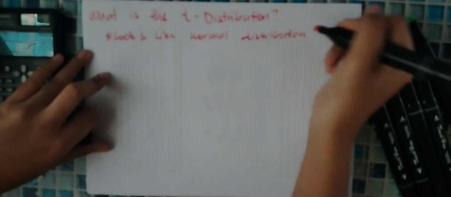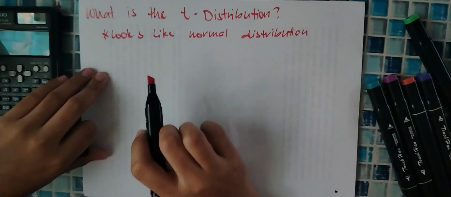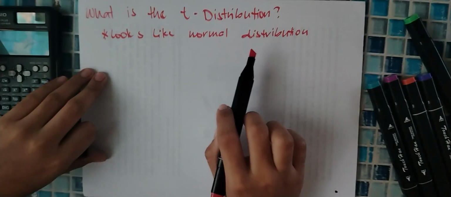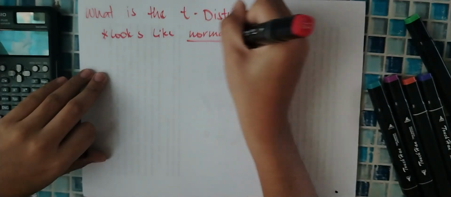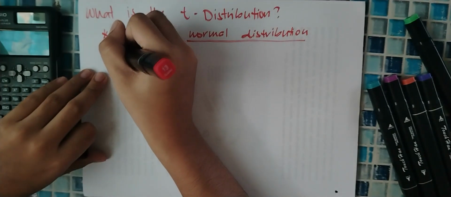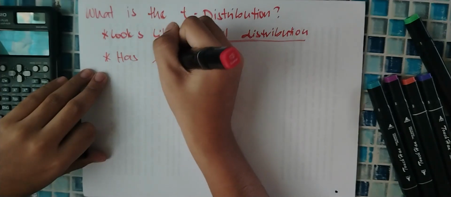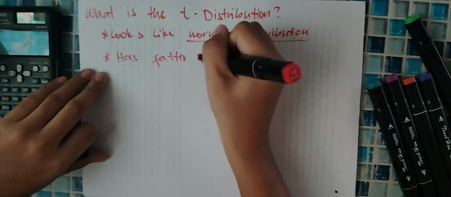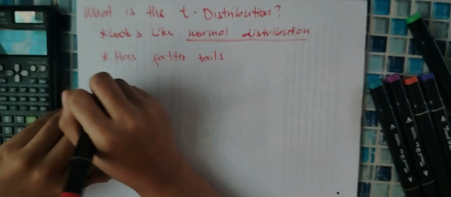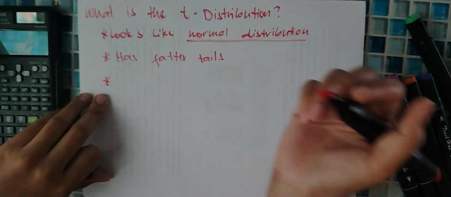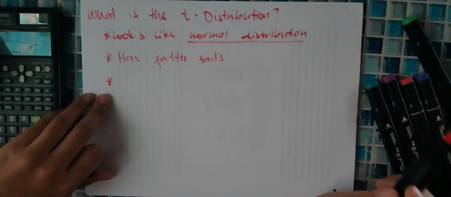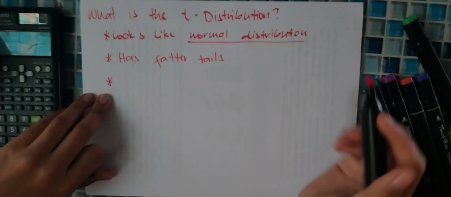The student T distribution is a curve that looks very similar to the normal distribution, but it also has fatter tails. This means extreme values are more likely to occur compared to the normal curve. It was created by a man, William Gossett, who used the pen name Student.